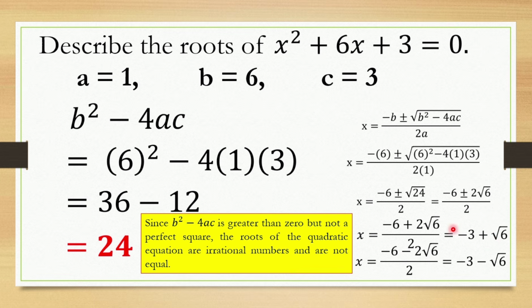So, as you can see, the resulting solutions or roots ay irrational numbers and it's not equal. Okay? So, always remember that if the result here in your discriminant is positive but not a perfect square, dyan mo malalaman, makikita mo kagad na, ang magiging solutions ko or roots kapag ginamit ko ang quadratic formula ay irrational numbers and they are not equal.